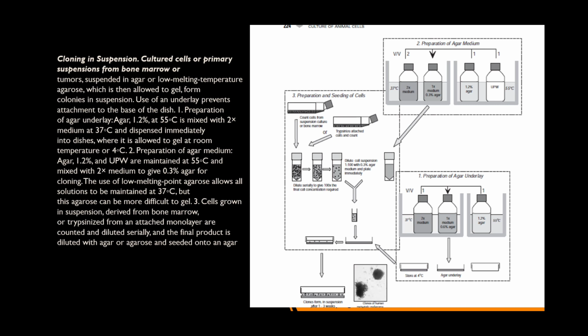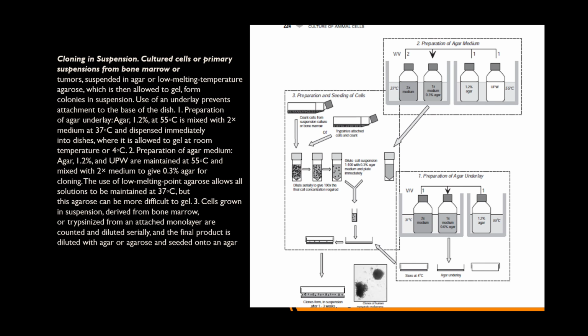If you're using this as an underlay, like a base, then on top of that the colonies can grow. Why we are using this is mainly to prevent the cells attaching to the base of the dish. It adds a buffer layer, and for that you can use agar or low melting agar suspension.